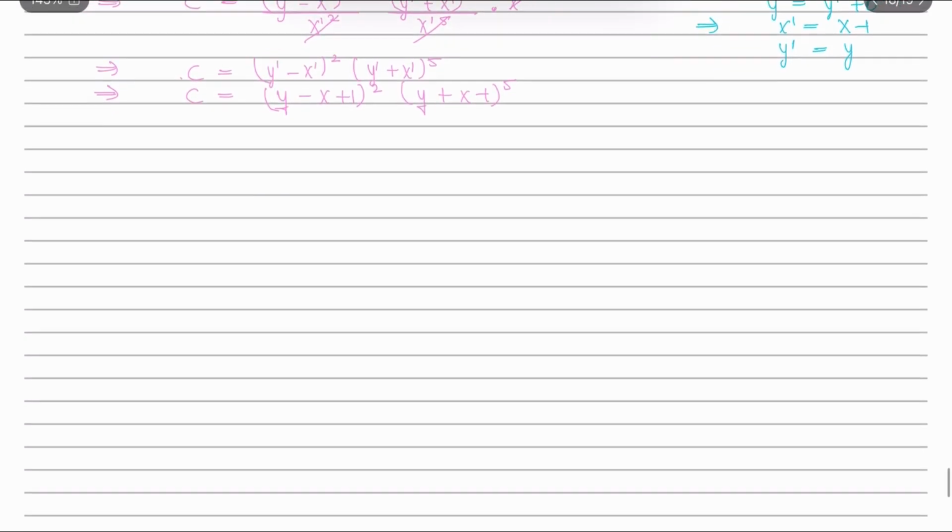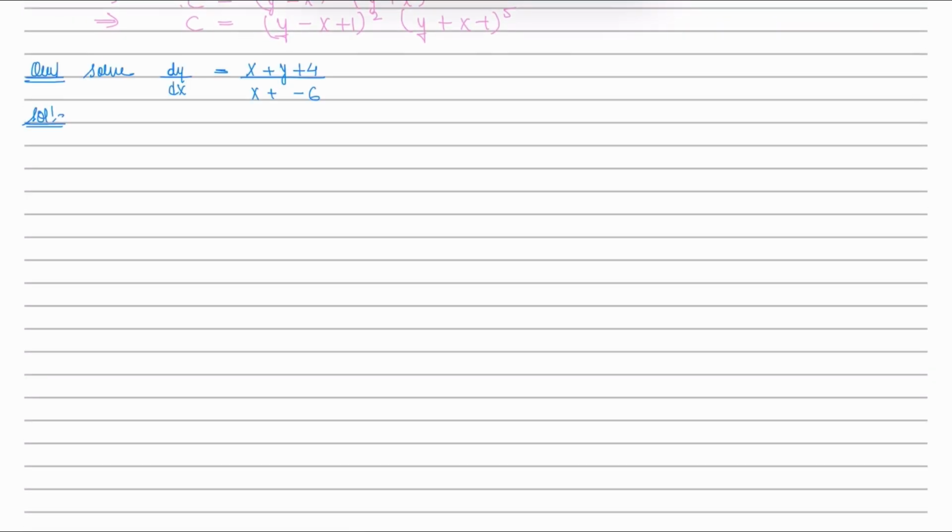Let us try to do one more question. The given differential equation is dy by dx equals (x plus y plus 4) upon (x plus y minus 6).